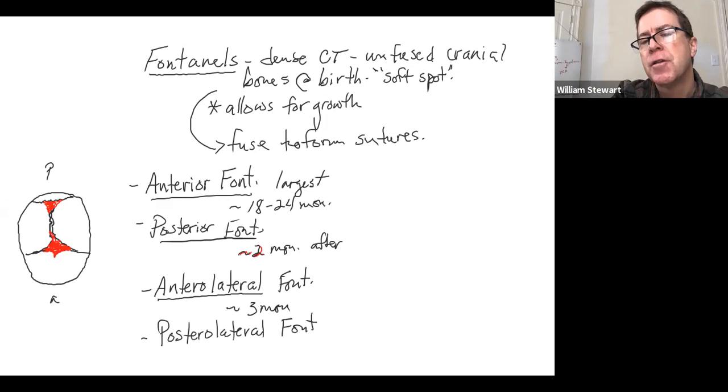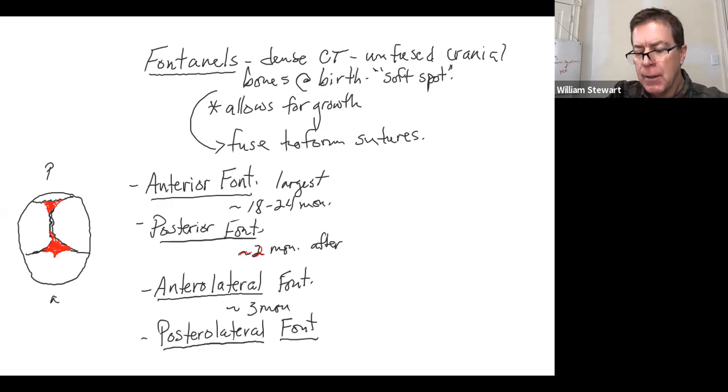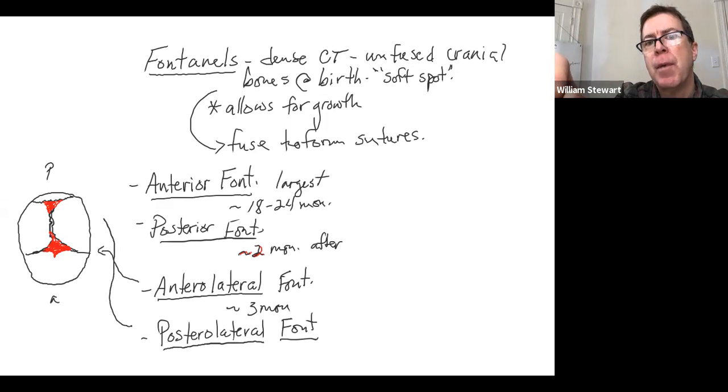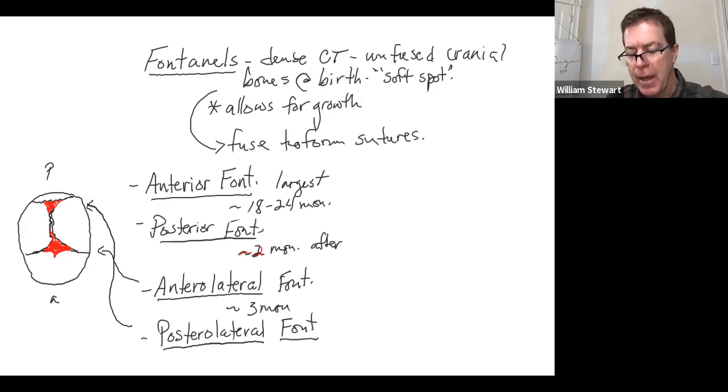Also just toward the back of the side of the head. That's what that word means. So we're still talking about the parietals laterally on each side, the parietals, the occipital and the temporals. So this one, the anterolateral, would be here. The posterolateral would be back here on the sides of the head.